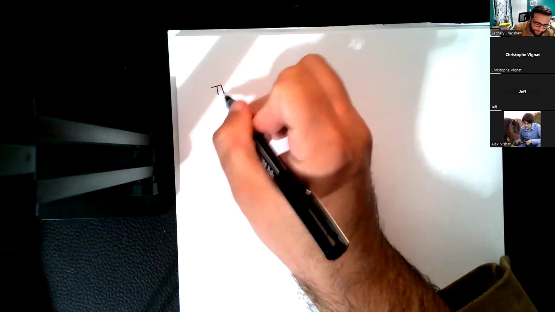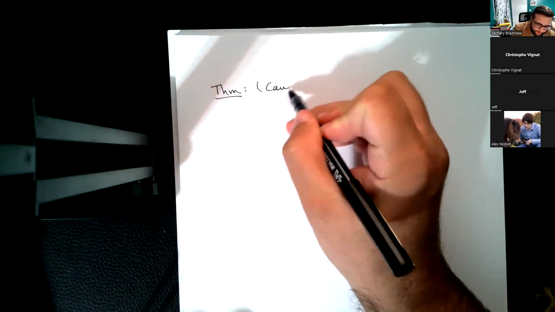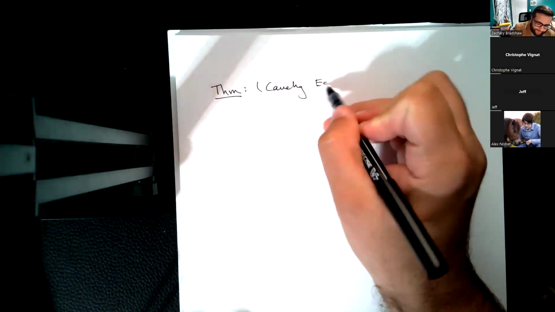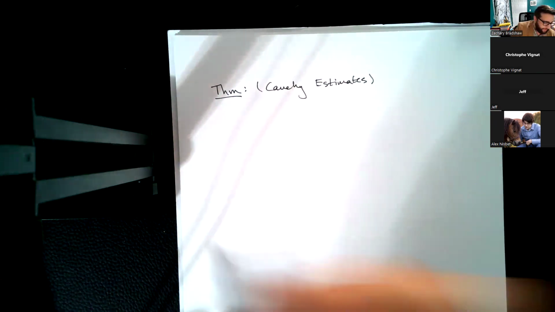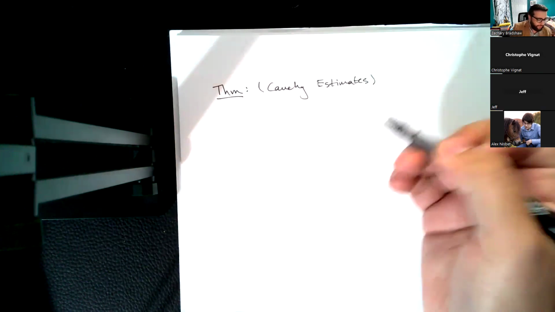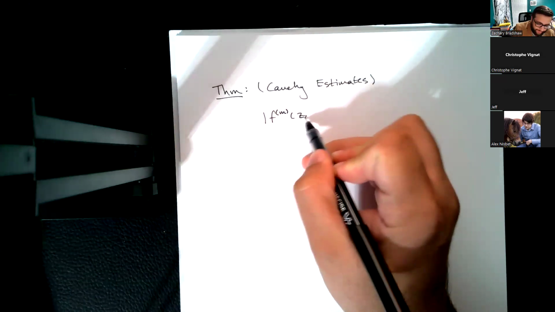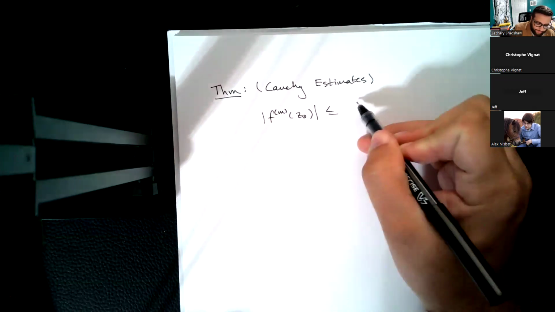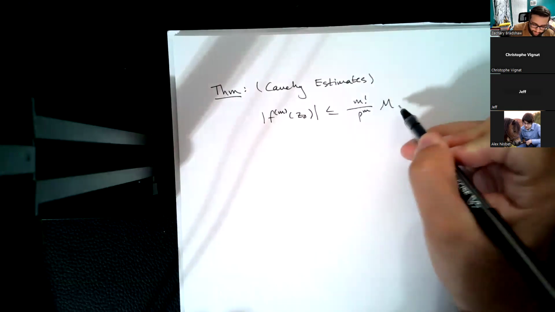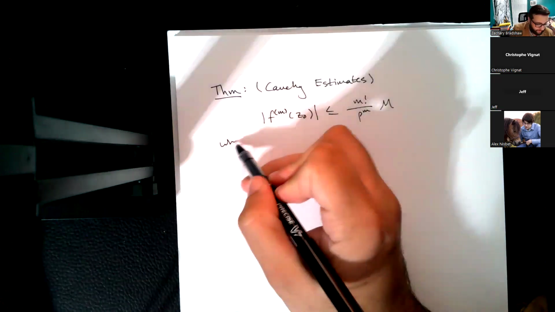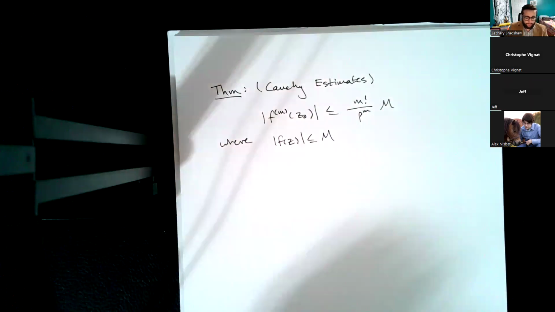Something to note is we do have estimates for the higher order derivatives in exactly the same way that we got the estimate for the first order derivative. These are the Cauchy estimates, which just say that the mth derivative at z0 is less than or equal to m factorial over rho to the m times capital M, where capital M is the bound on f.